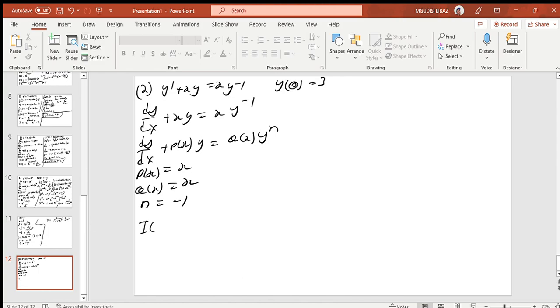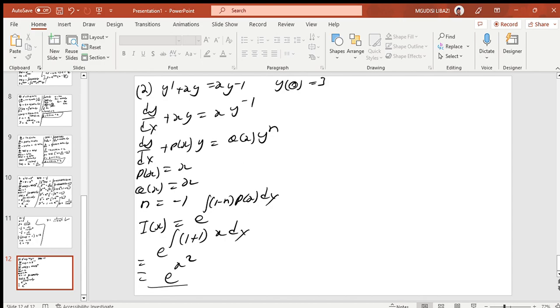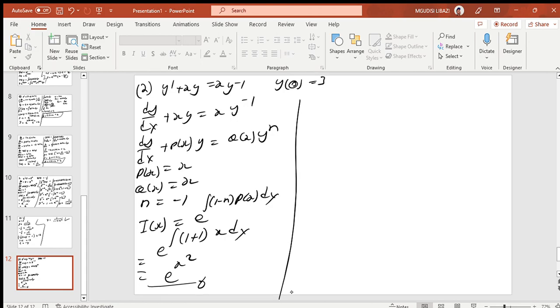That means our integrating factor, this is Bernoulli's equation, is e raised to integral of 1 minus n multiplied by p of x dx. This becomes e raised to integral of 1 minus negative 1, which becomes 2, and then times p of x, which is x dx. So that's gonna be e raised to integral of 2x, which is x squared, because the derivative of x squared is 2x.